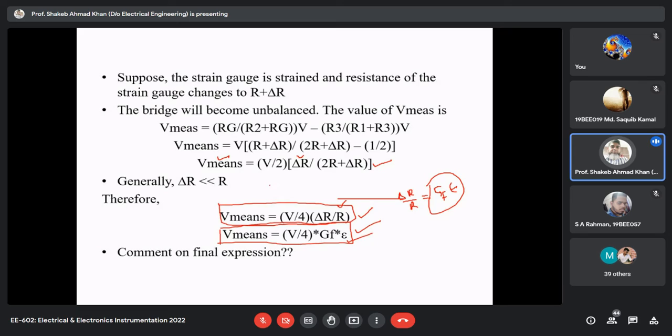You have y is equal to mx. If delta R is varying, your R is constant and V by 4 is constant. So this is y is equal to mx type of equation, meaning the variation will be a straight line.